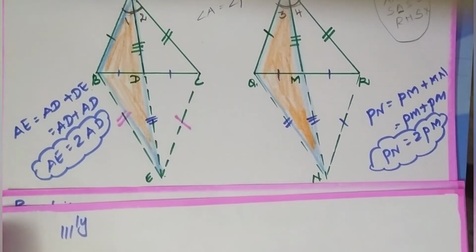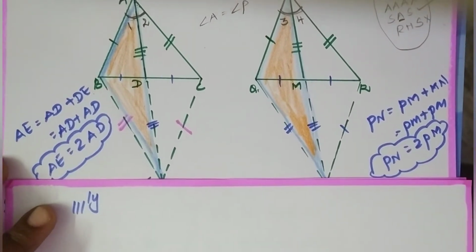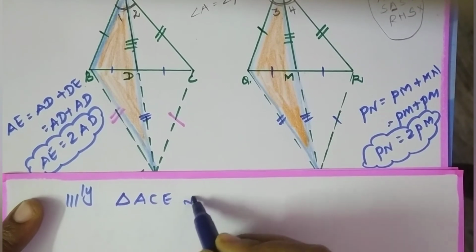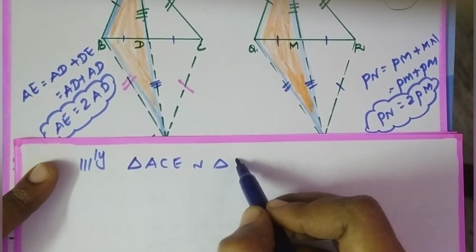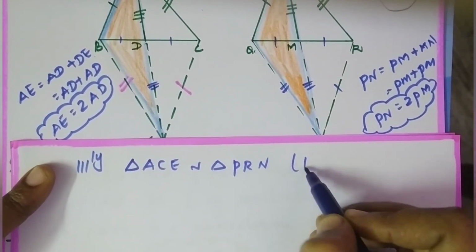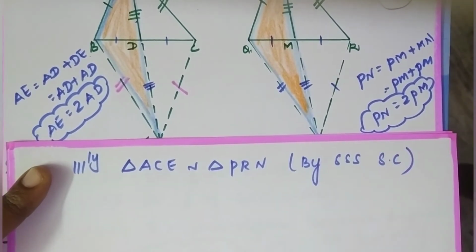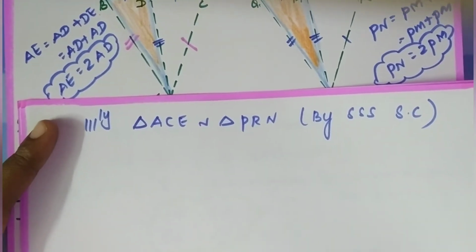Clear? So just I am going to write that similarly, triangle ACE is similar to the triangle PRN by SSS similarity criterion. Okay.